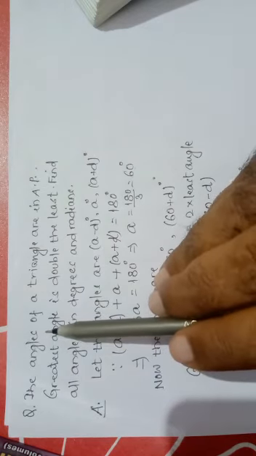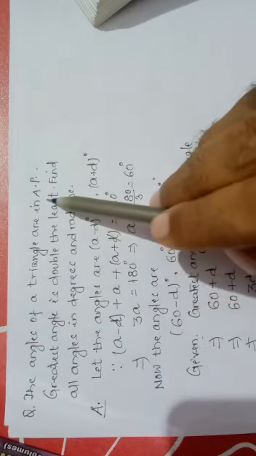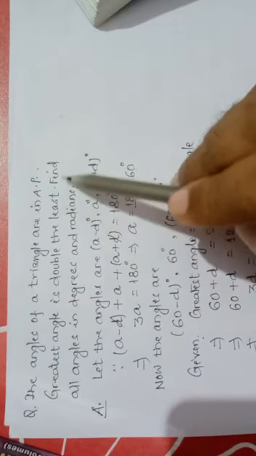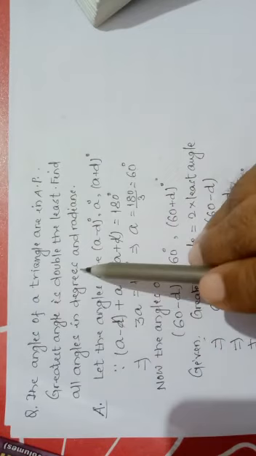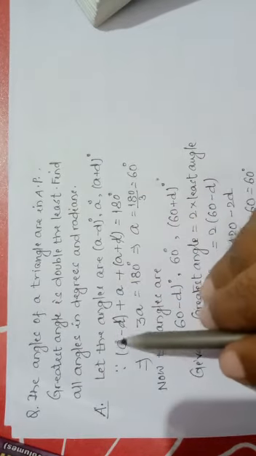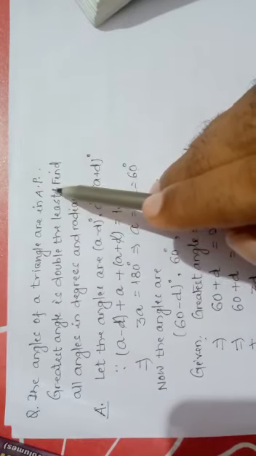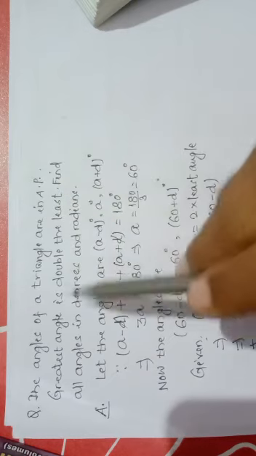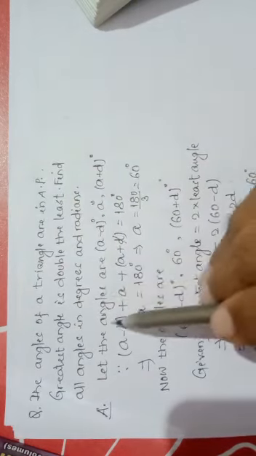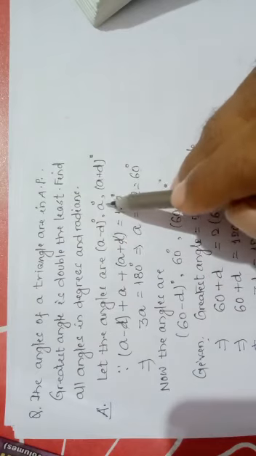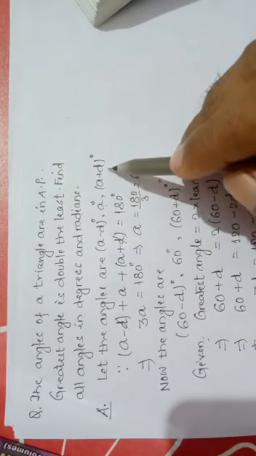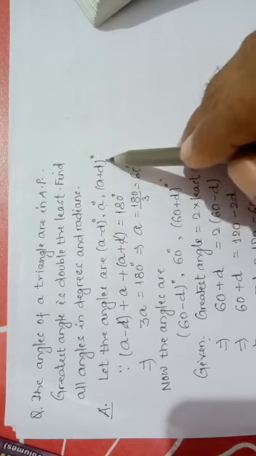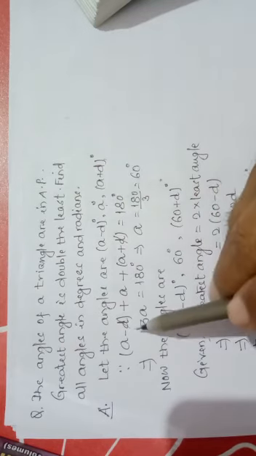The angles of a triangle are in AP. The greatest angle is double the least. Find all the angles in degrees and radians. So AP is not a new topic for you. Arithmetic progression you have already studied in algebra in standard 10. So according to AP, consider the angles are A minus D degree, A degree and A plus D degree. Since these are the angles of a triangle, you know the sum of angles is 180 degree.